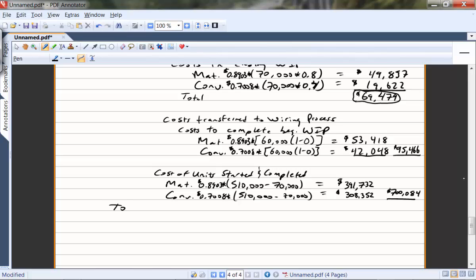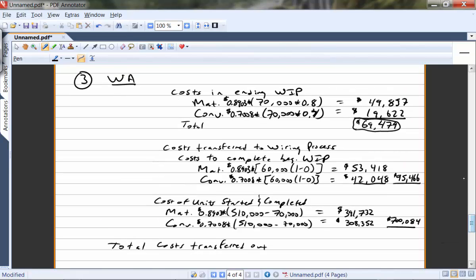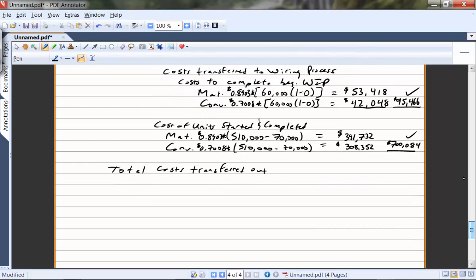The total cost transferred out would be the cost to complete the beginning work in process inventory right here, plus the cost for the units started and completed. If you add these two together, you're going to get $795,550.